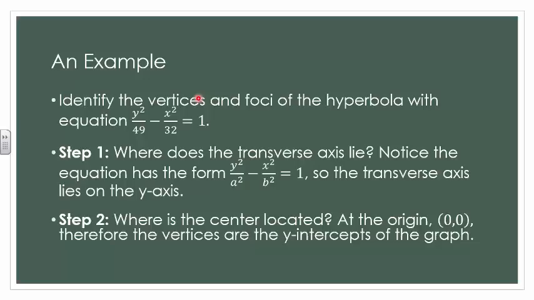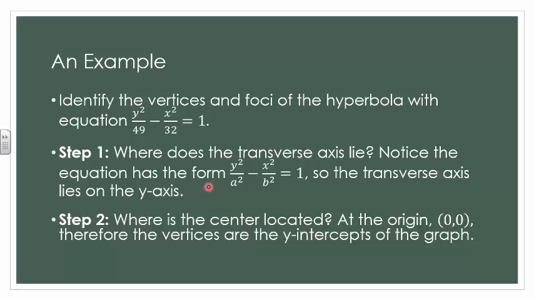Notice the equation has the form y squared over a squared minus x squared over b squared equals 1, and we know the transverse axis lies on the y-axis. We have y squared over a squared in that first position, which is what tells us the transverse axis lies on the y-axis. Step 2. Where is the center located?